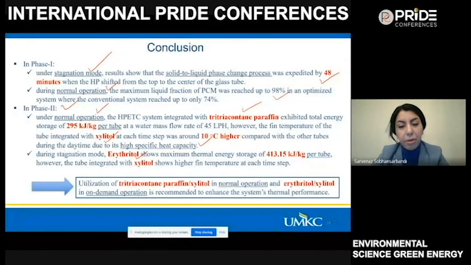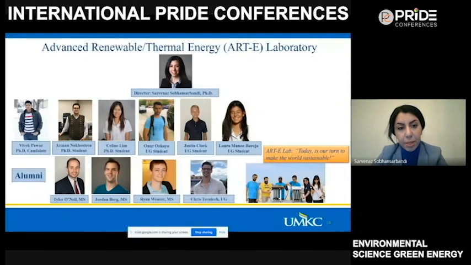In normal operation, we may never reach 118 C. We also saw that the tube integrated with the xylitol shows a higher fin temperature at each time step. So we recommend using paraffin in normal operation, whenever you know your pump is going to run for 24 hours, and erythritol in on-demand operation, to have better system thermal performance.